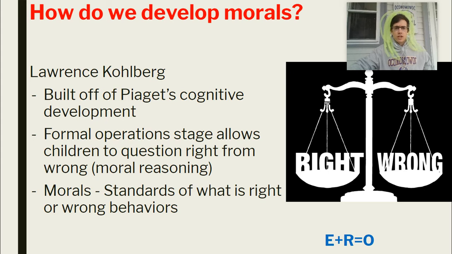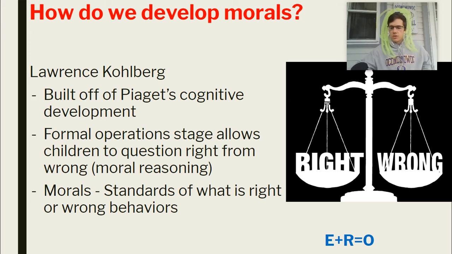Lawrence Kohlberg, we would consider a cognitive developmental psychologist, because thinking between right and wrong, which is what your morals are, is part of that decision-making thinking process. So he's actually going to build off of Piaget's cognitive development.